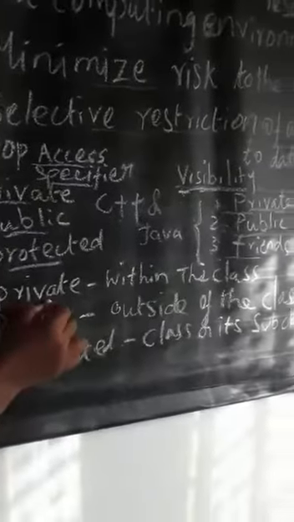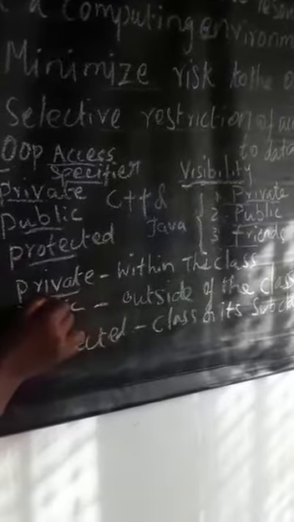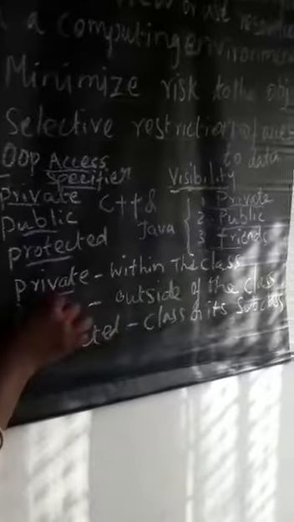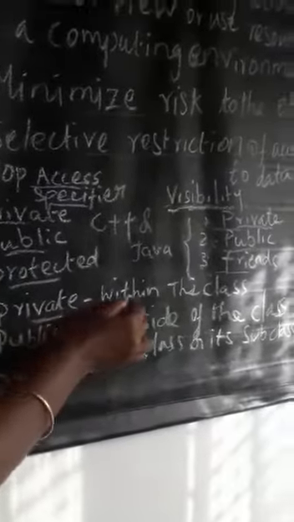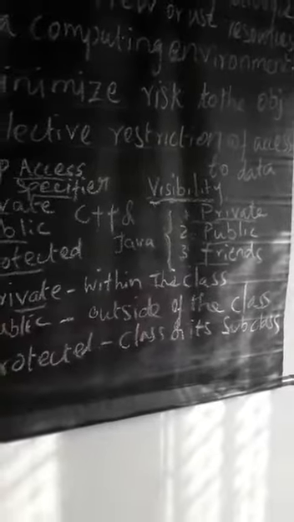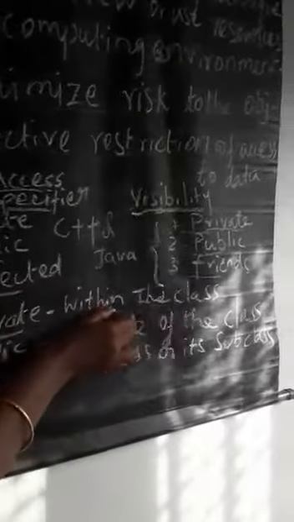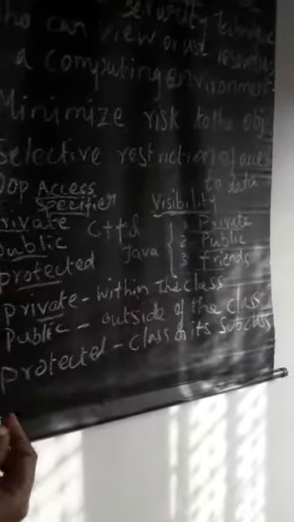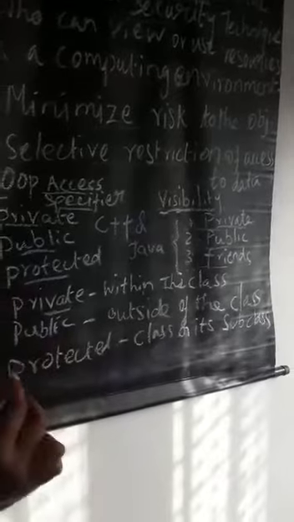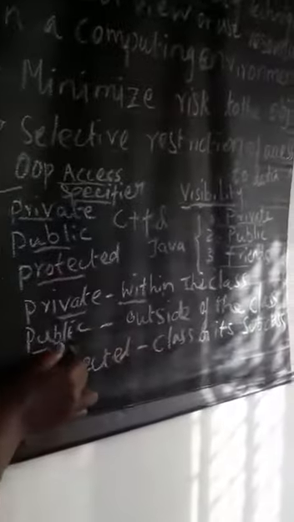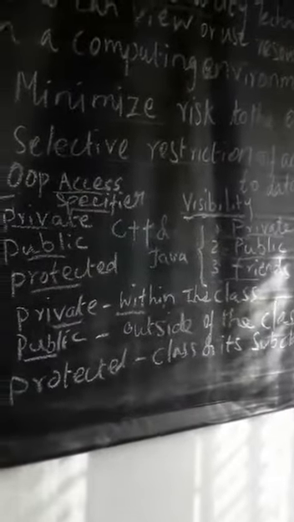What is the use of private? With the private access specifier, a data member can be accessed only within the class, and cannot be accessed from other classes. Public data members can be accessed outside of the class.